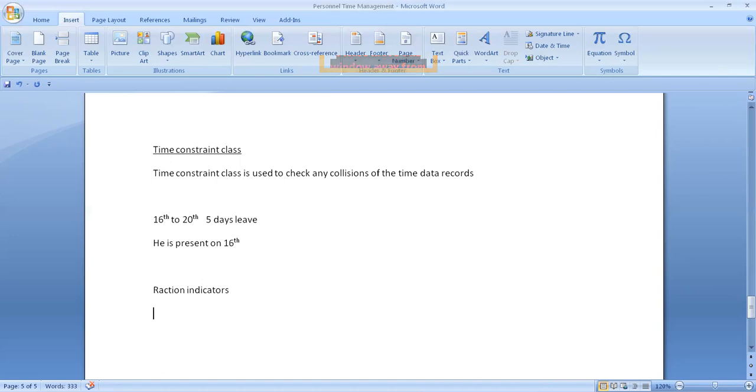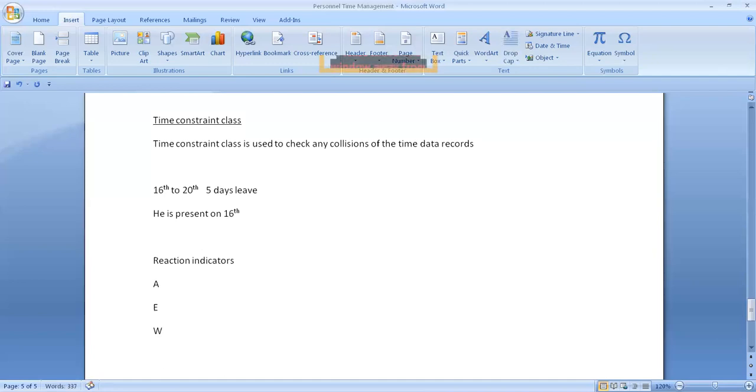These reaction indicators determine how the system reacts when you enter a new record which overlaps with the existing records, which creates a collision. These reaction indicators are A, E, W, N.